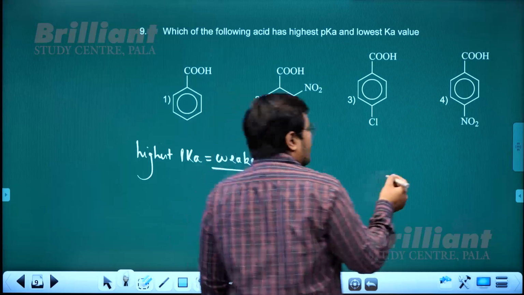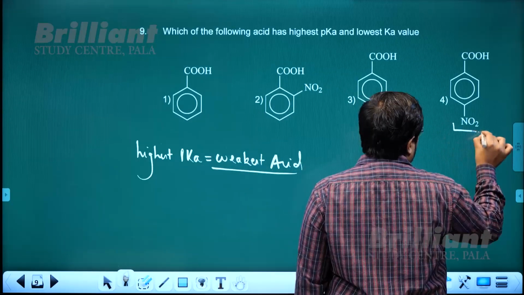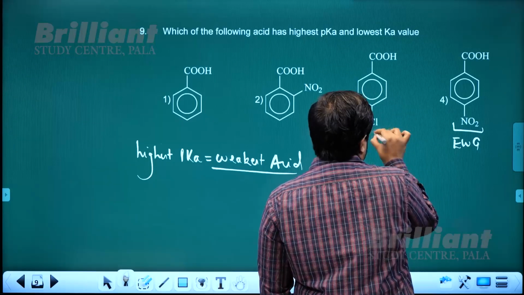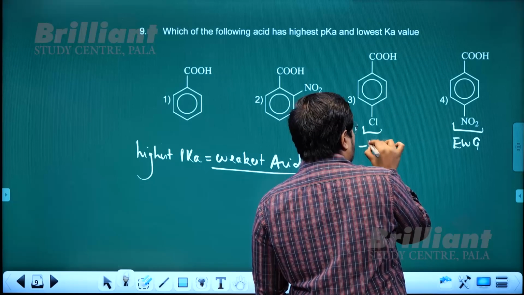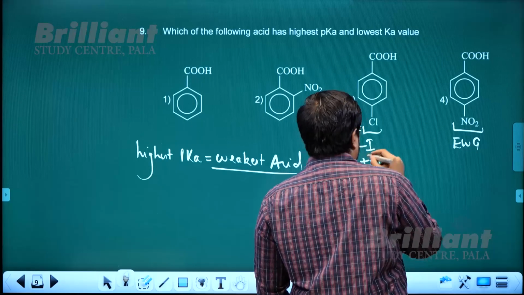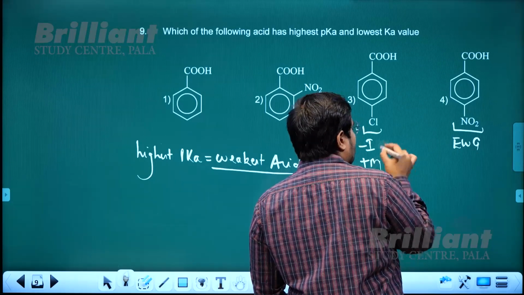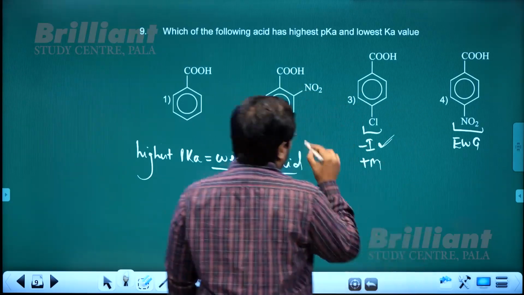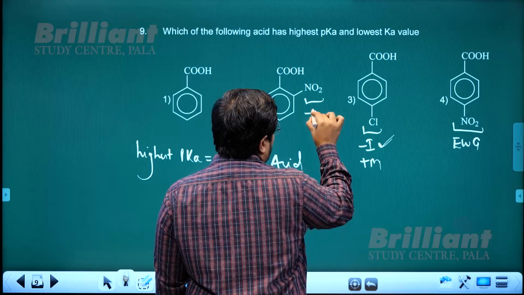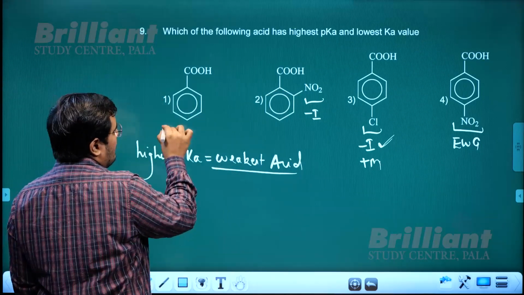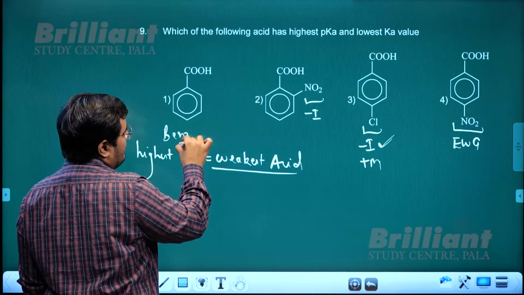So if we see, the nitro group is an electron withdrawing group, Cl is also exerting minus I and plus M, in which the inductive effect for halogens is said to dominate. So here also it's minus I, and here it is normal benzoic acid.